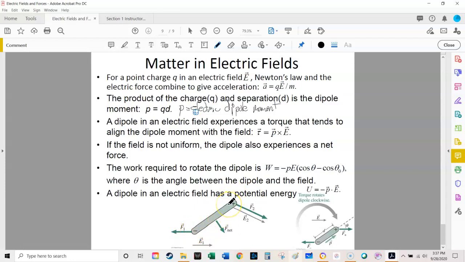This electric field would be pulling the positive charge in that direction while trying to pull the negative charge in that direction, which would cause it to momentarily spin and turn clockwise.